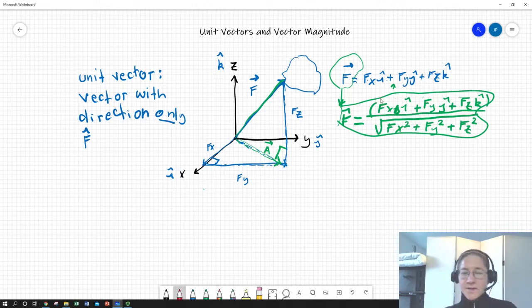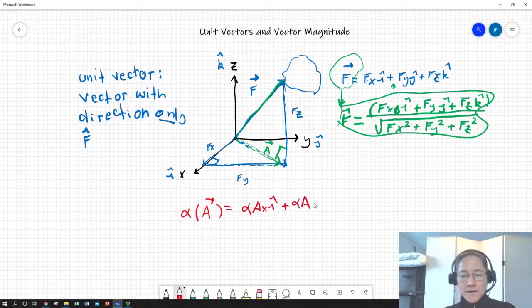One of the reasons we can do this so easily is that we can multiply, say, a scalar alpha, 5 feet, by a vector A, and that will multiply across all of the components of A.